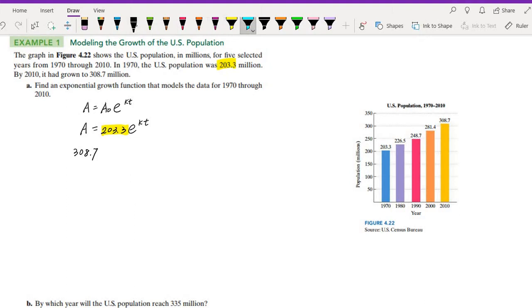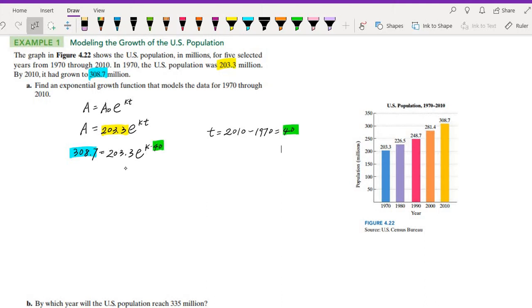All I did is a substitution because this is my end amount, equal to 203.3 e to the kt power. So what is t? We started in 1970, we end at 2010. So t is a year, so I can use 2010 minus 1970, which gives us 40. That means how many years have passed, right? So t is replaced with 40.